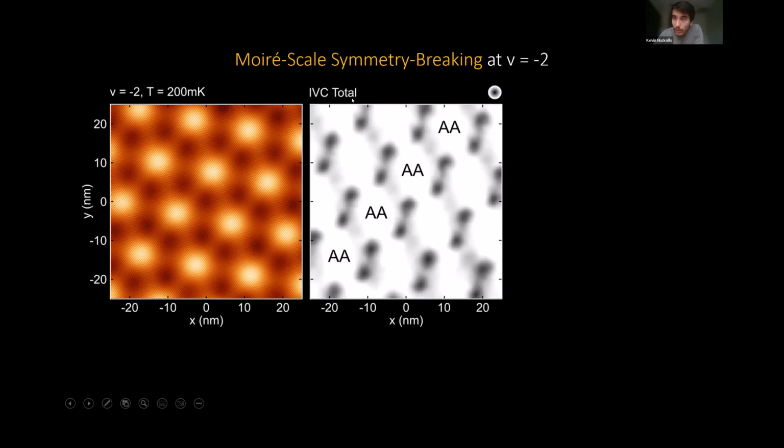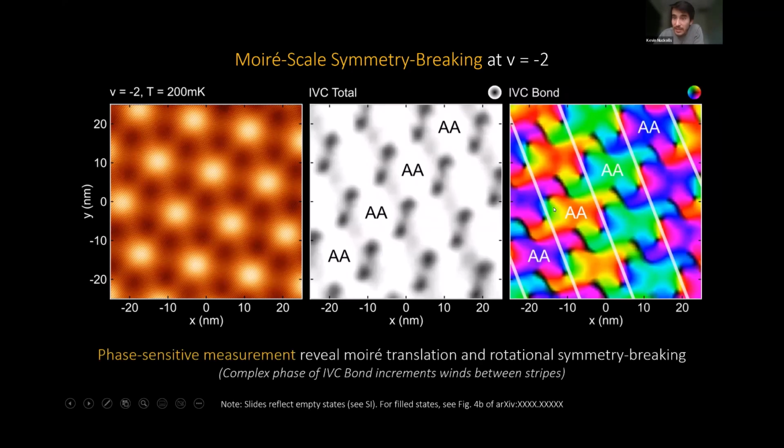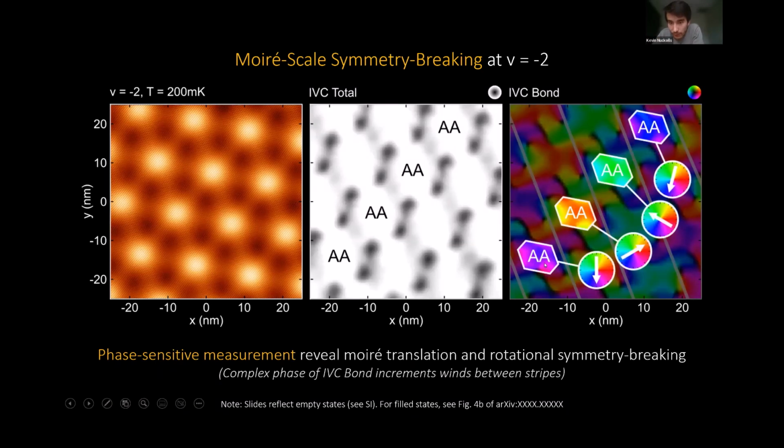In addition, when you look at one of these complex order parameters, you find that actually this state that is imparted at nu equals -2 breaks Moiré translation and rotation symmetries. We see this stripe-like feature where the amplitude is Moiré periodic, but the complex phase of this order parameter winds across the sample. This is easiest seen if we look very closely at each AA site, where we find that the complex phase is roughly constant around this AA site, but then rapidly jumps by about 120 degrees between neighboring stripes.